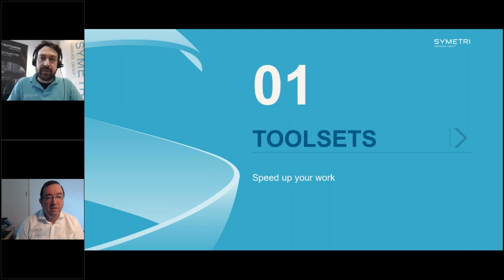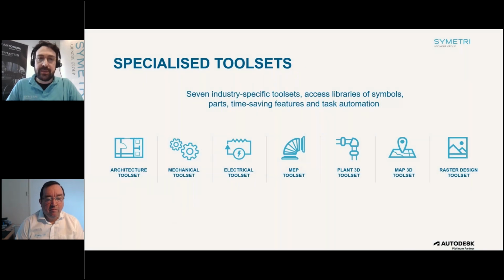There are 7 tool sets, and they are included with your AutoCAD subscription. You can just access your Autodesk account and download them from your Autodesk profile, and you can install these toolsets that can help you with specific components or parts.